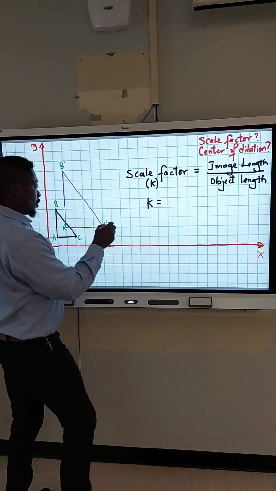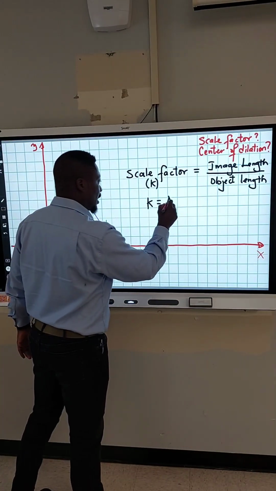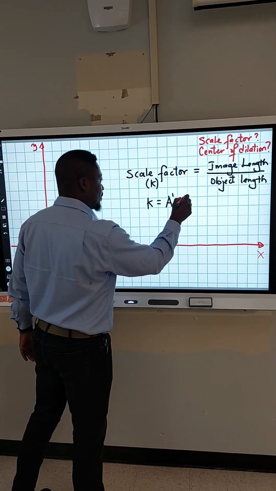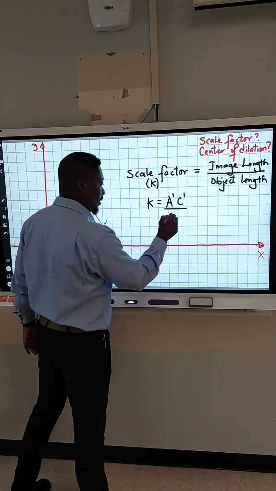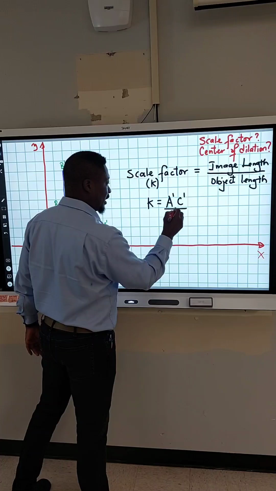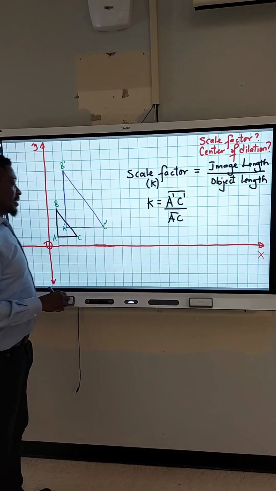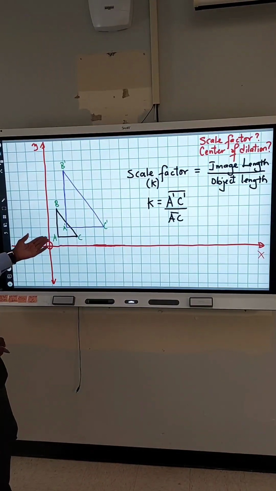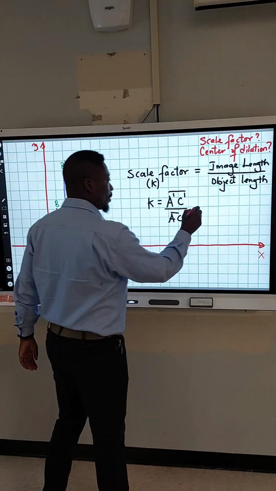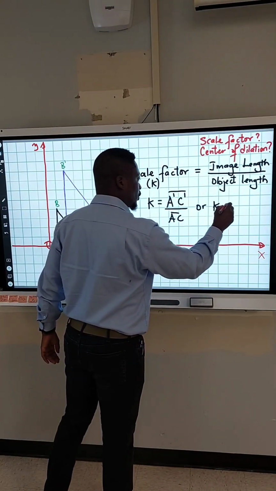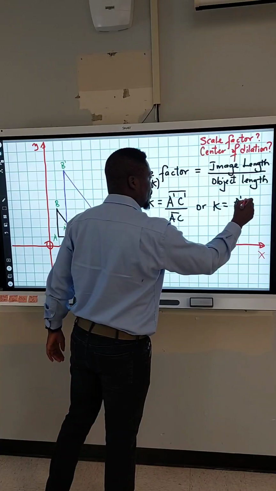So the scale factor could be the line A prime C prime divided by the line AC, or we could use A prime B prime divided by AB.